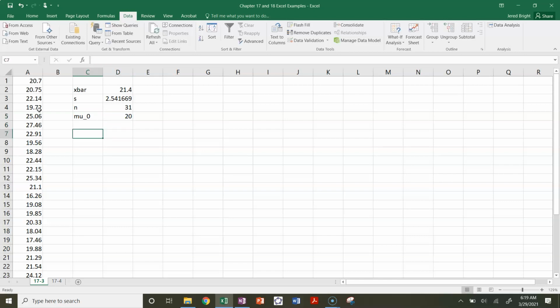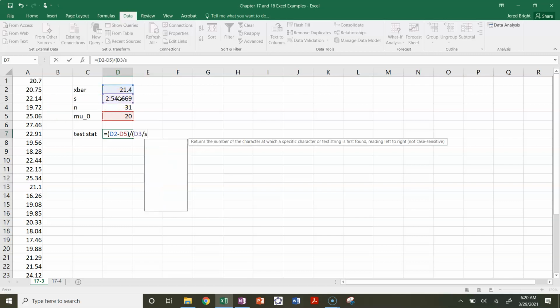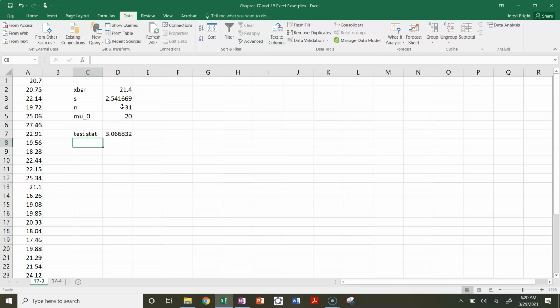Then for the test statistic, in the numerator, parentheses please, x bar minus mu naught, and then parentheses in the denominator please, s divided by the square root of our sample size. There we go.